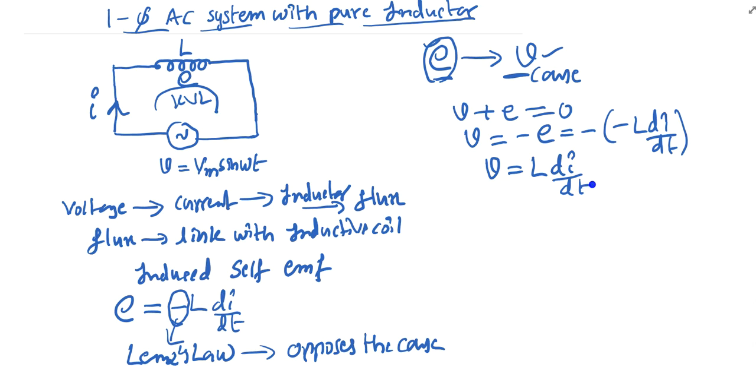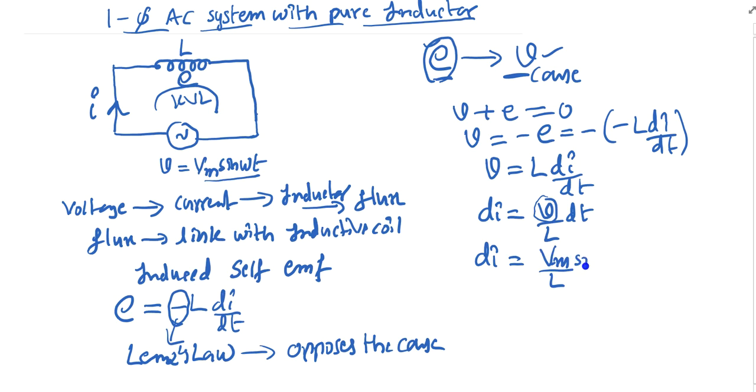Further simplifying this equation, I want to write what di is. So di I can write as V by L into dt. This is also one kind of equation. And instead of the voltage V, I can write its expression, so the resultant expression you will get is Vm sin omega t dt.